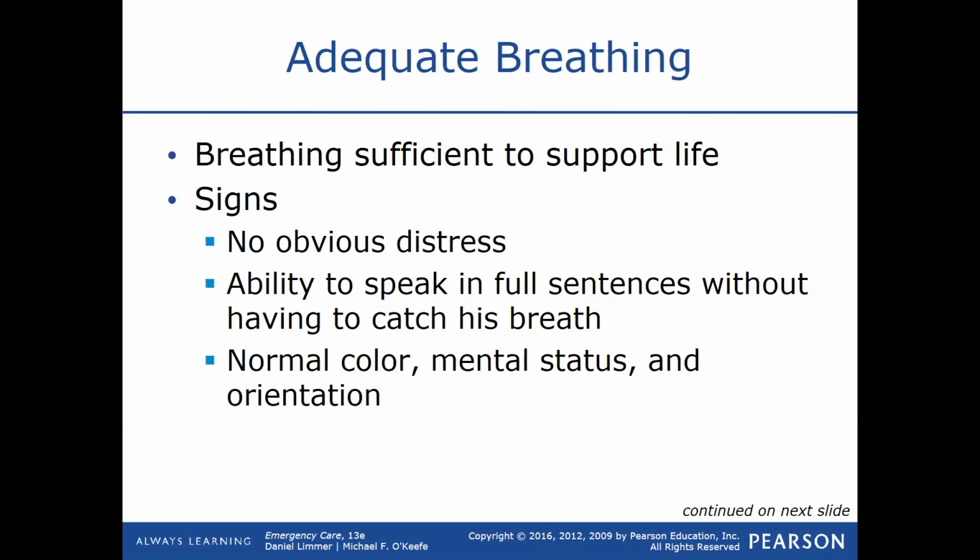So with adequate breathing, you have normal color. Mental status is going to be good. There'll be A&O times 3 or 4, and orientation. So as far as mental status, if your patient is relatively a normal human being and they are breathing adequately, on that AVPU scale, alert, verbal, painful, or unresponsive, Desiree, can you tell me where your patient would fall?